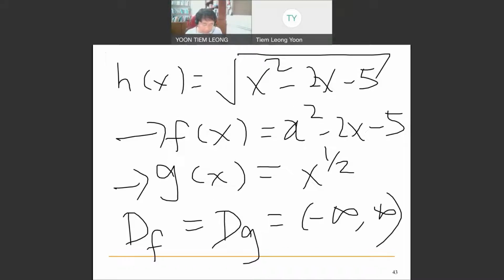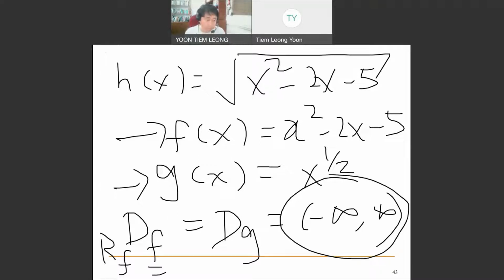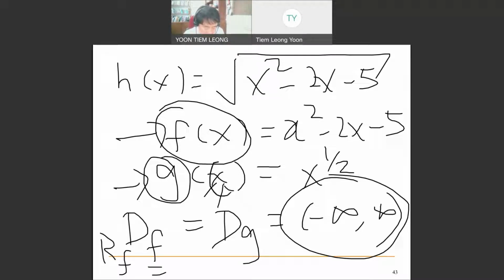It means that the function f is defined for all x, and g is also defined for all values of x. The range of the function f is also the same, minus infinity to positive infinity. Okay, this is the first statement. Then the next statement is that the function f(x) is continuous for all values of x, and g(x) is continuous for all numbers, right?